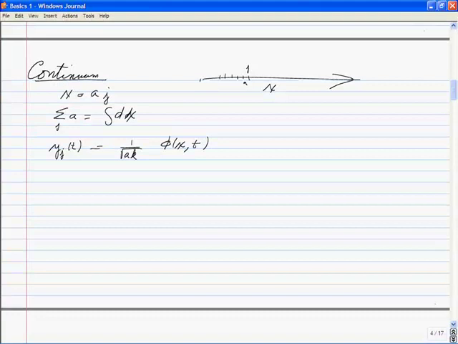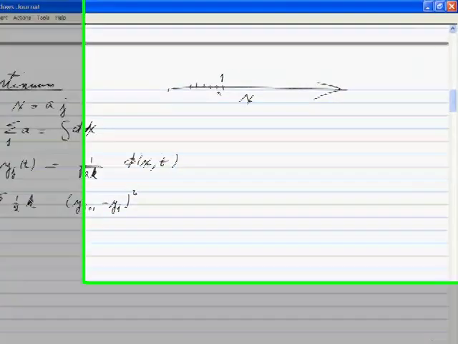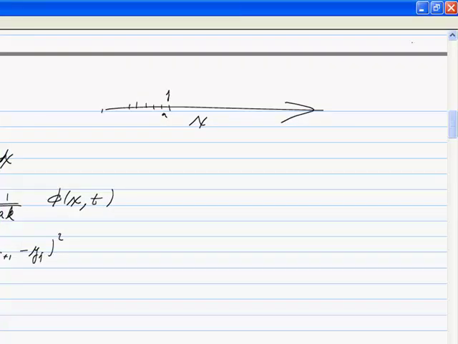Okay? If you do that, let's pick one of the pieces, and the second one I won't do the algebra on. If we have the sum over j of 1/2 k, leave a space, (y_{j+1} minus y_j) squared. So that's one of the terms in there, that's the potential term.